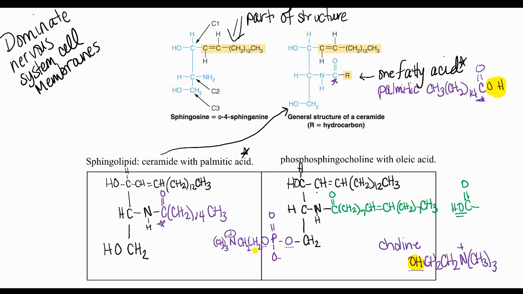And if you notice, this has a really large polar part to it. Okay, so then when we see these guys, it'll look like that. That's going to be their abbreviation. Two nonpolar tails and a very charged polar head.